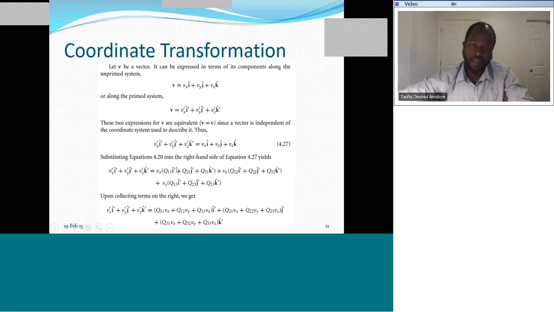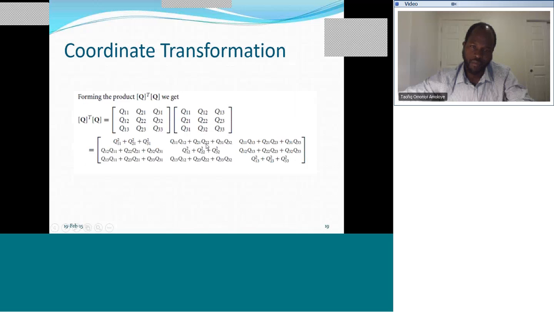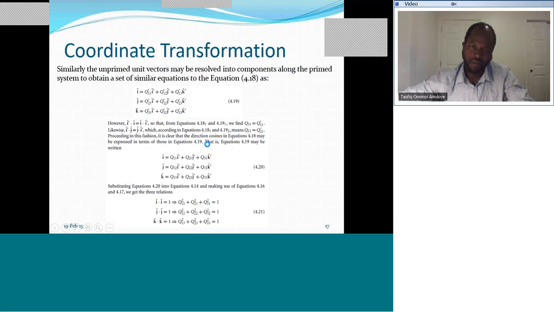If you now substitute equations 4.20 into the right hand side of equation 4.27, that is, if you try to express I, J, K in terms of their components in the prime system, I'll quickly go back to 4.20 so that you see the equations I'm talking about. So we are trying to express I, J, K in the unprimed system in terms of their components in the primed system.